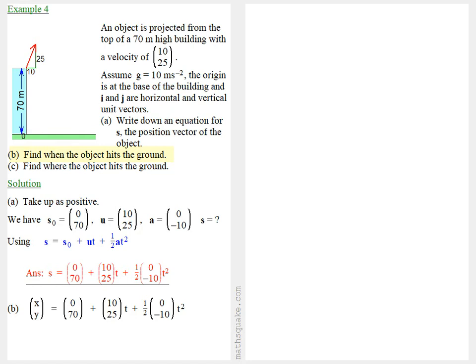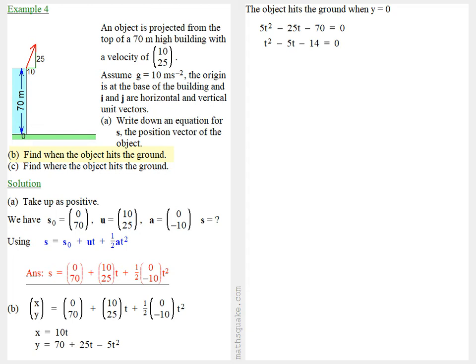So we can say x is equal to 10t and y is equal to 70 + 25t - 5t². Now the object hits the ground when y is 0, so that's when 5t² - 25t - 70 is equal to 0. And if we divide by 5, we get t² - 5t - 14 = 0.